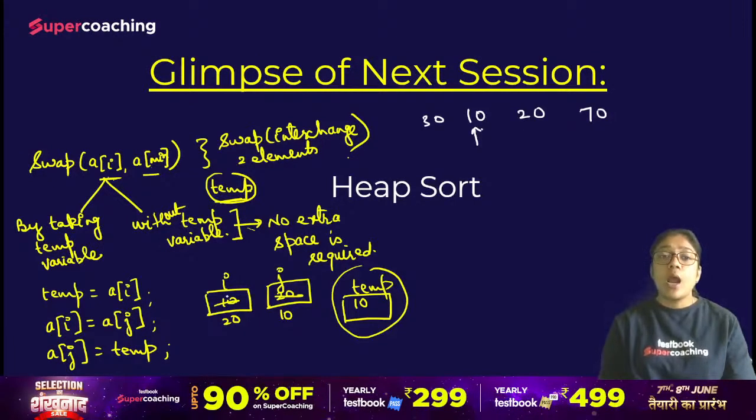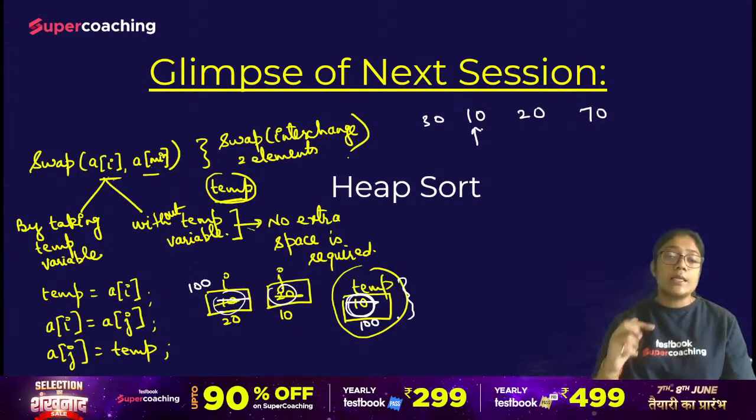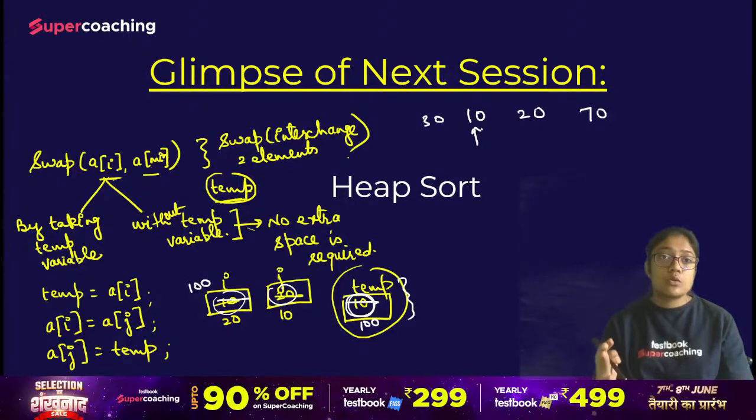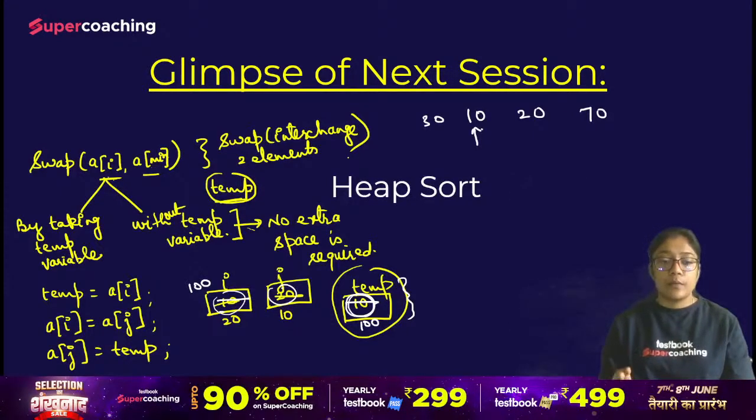The value of I and the value of min will change. This temporary variable will remain the same. Whatever is in a of I, suppose a new value 100 comes here, then temp will get the value 100. So we need not create one more temporary variable. It is not the case that if you have to sort 100 elements, you will create 100 temporary variables. Correct?